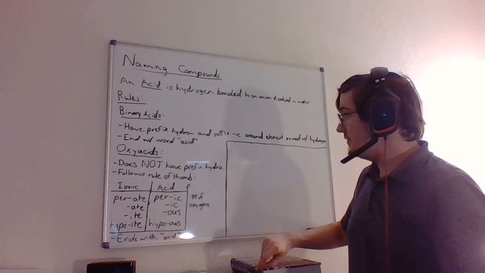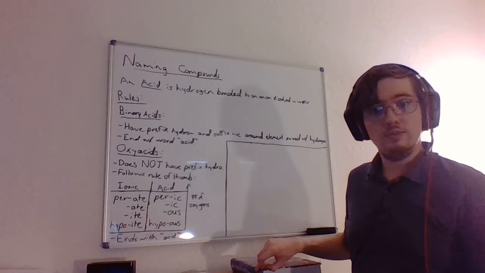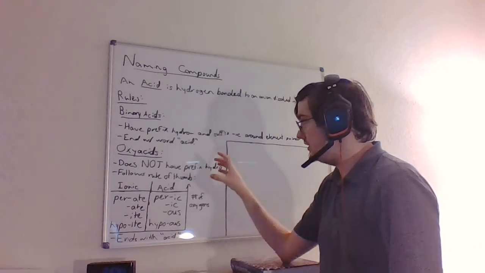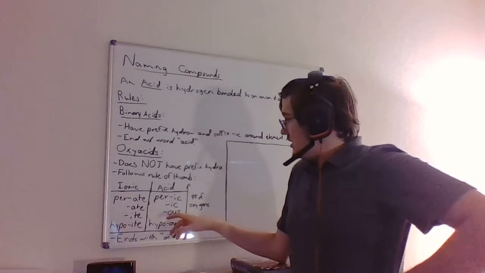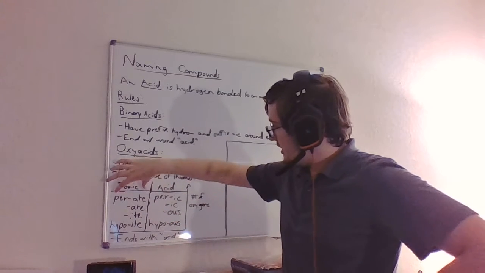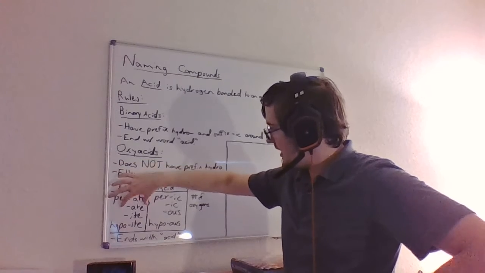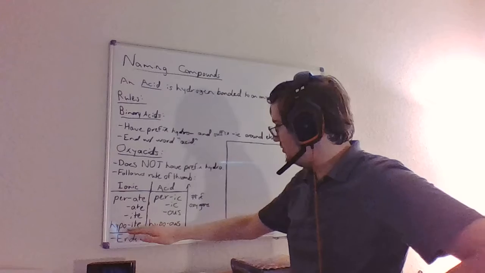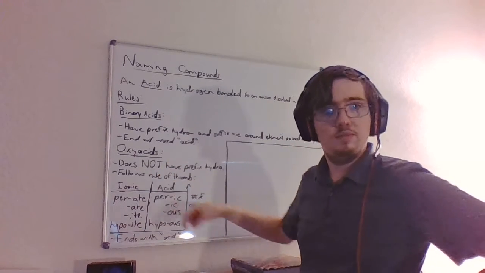Now, instead of having the prefix hydro, it has a different rule of thumb. This rule of thumb is quite similar to the table I showed you in the ionic compounds video. So, hopefully you remember these names here: per-ate, ate, ite, and hypo-ite. As you move up here, the number of oxygens increases.